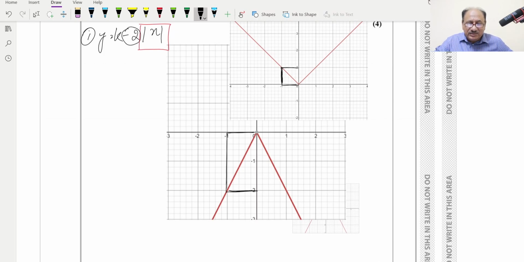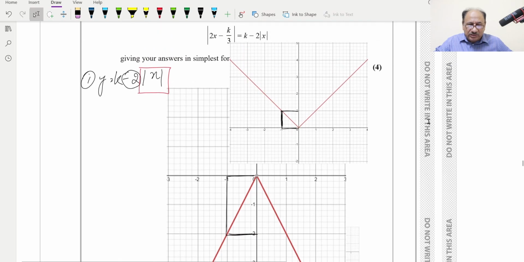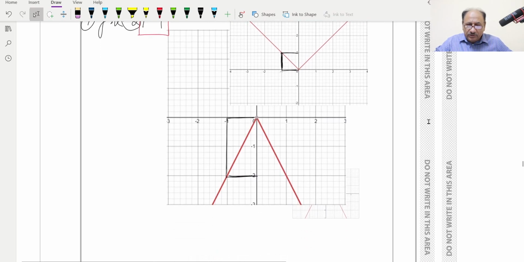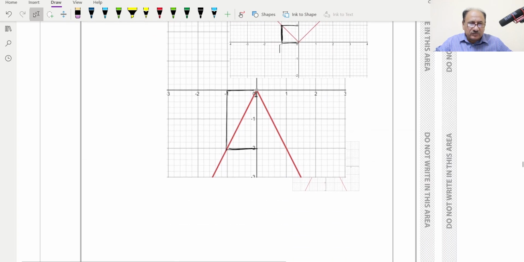So it is vertically stretched. Two changes are happening because of -2: one is that it is opening downward, inverted, and the second is that it is vertically stretched.